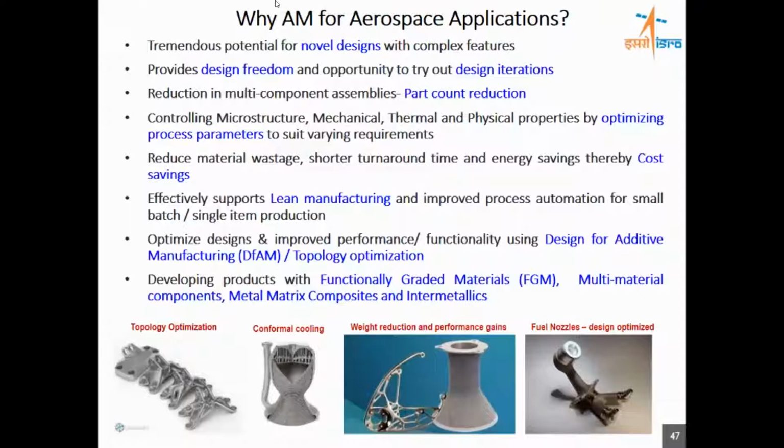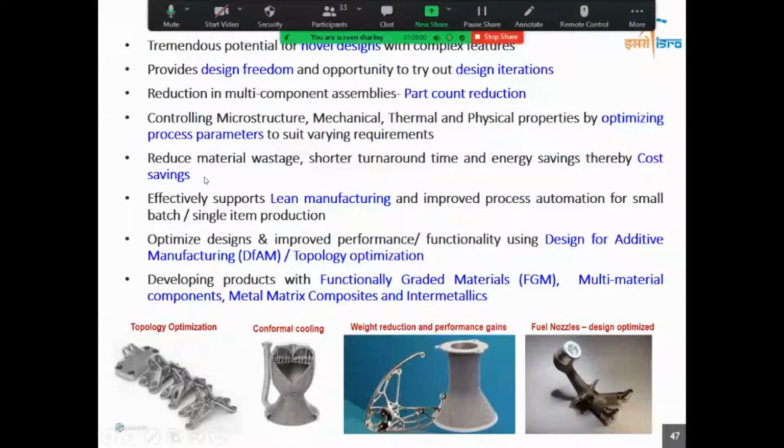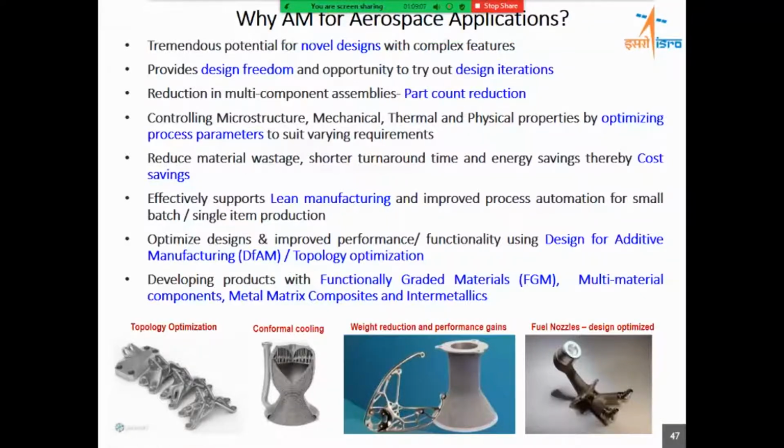And also there's a lot of material savings or cost savings because of the reduced material usage for additive manufacturing. And it supports lean manufacturing, and parts can be printed on demand. You don't need to have a bulk production and stockpile the things. Whatever items are required, they can be ordered and printed on demand.